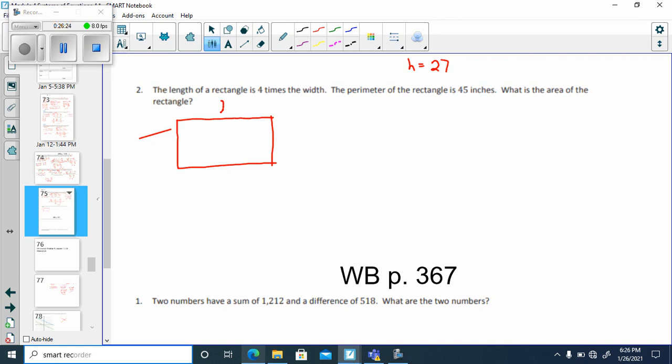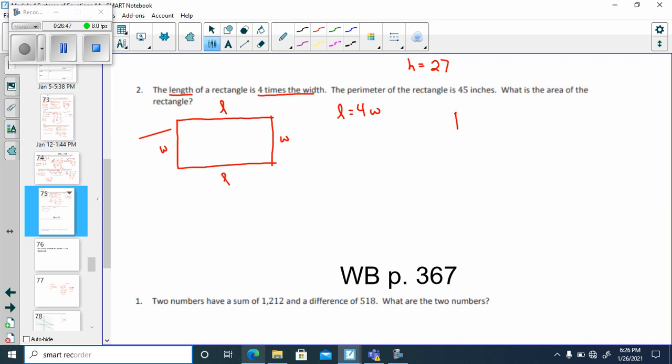And this is the length, this is the length, this is the width, this is the width. It says here the length is 4 times the width. So the length is equal to 4W. The perimeter of a rectangle is 45 inches. Perimeter is the distance around, okay?